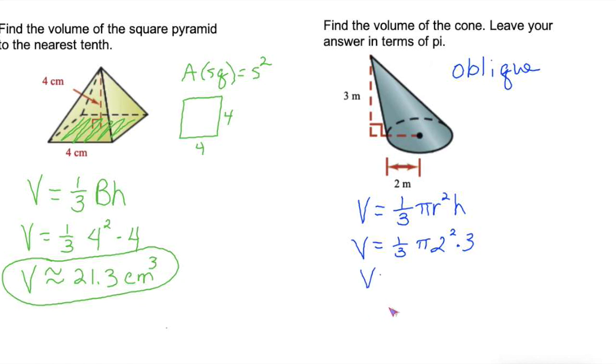Now this time we're leaving our answer in terms of pi. Well, this works out nice that the 3 divides into this 3 and leaves us with 1s there. So really all we have is 2 squared times pi, which is 4 pi. And of course the units for this would be cubic meters.